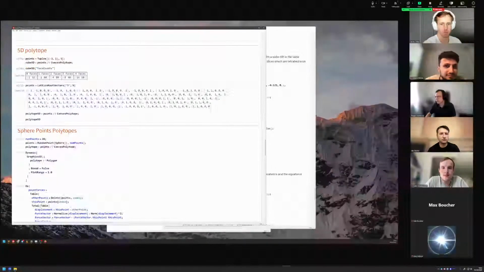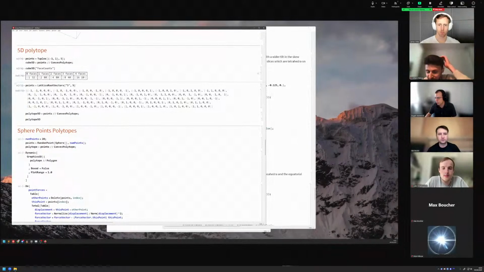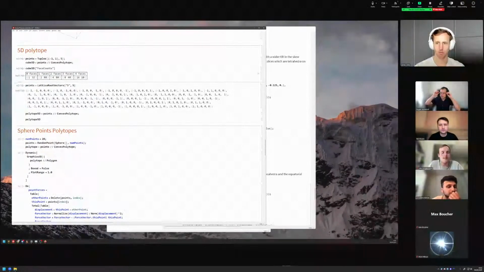All right. 32 vertices, 80 edges, 80 squares, 40 cubes, and 10 hypercubes. 10 4-dimensional cubes as its facets.